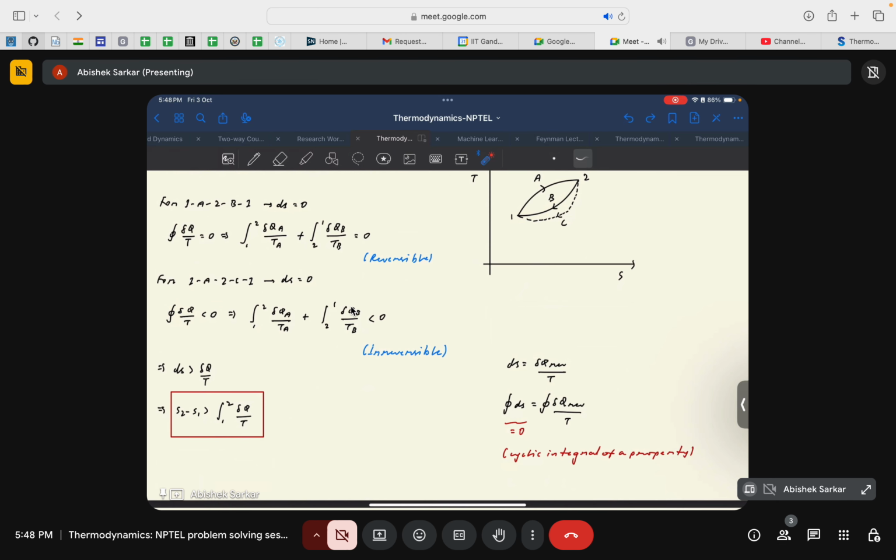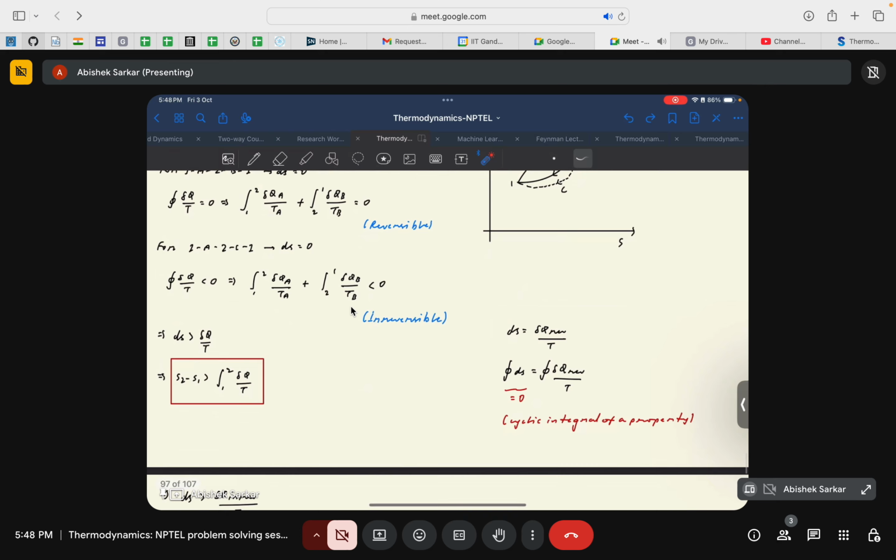So from these equations we can conclude that this change in entropy, or ds, is in general always greater than del q by T. And the equality will only persist if this process is done through a reversible path. That's why you should not try to equate or associate the entropy in general to be equal to del q by T.